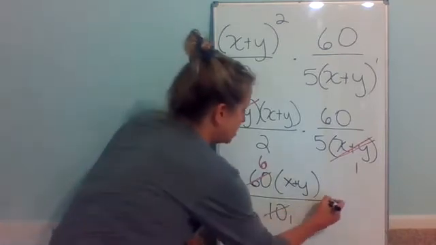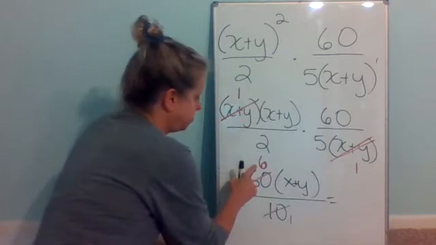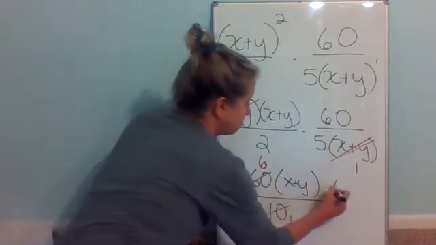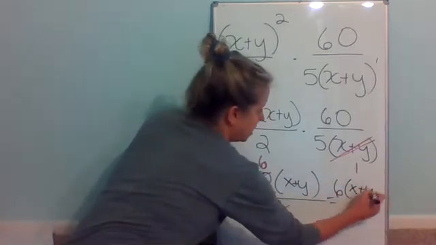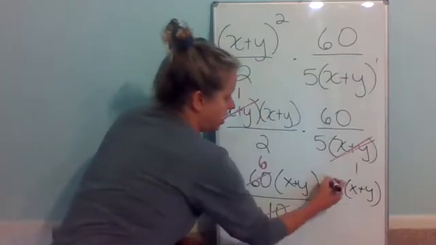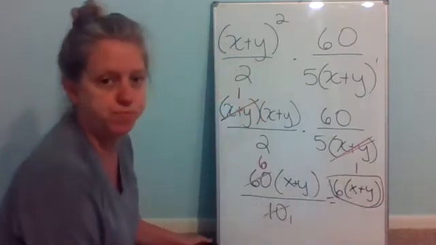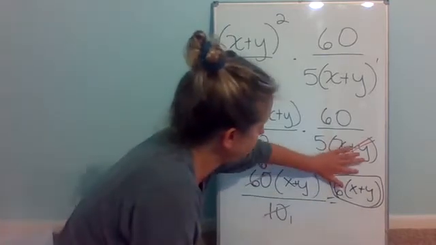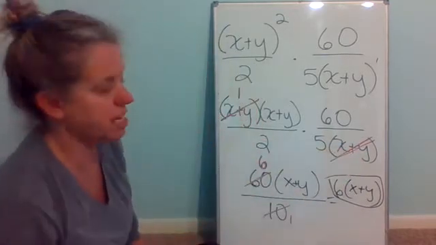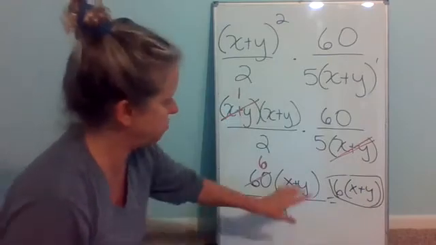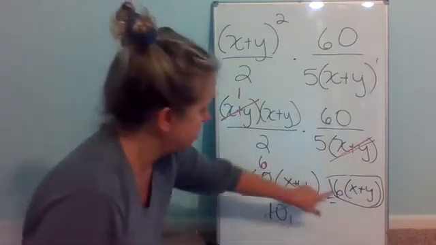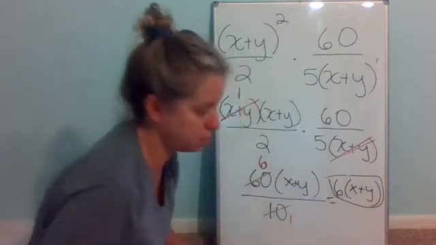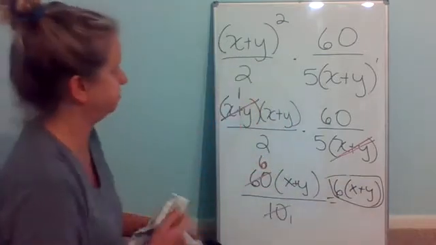So let's see, what is left in the top? 6 and x plus y. And again, the bottom is just a 1, so you don't even need to write it. So 6 times x plus y is what is left.